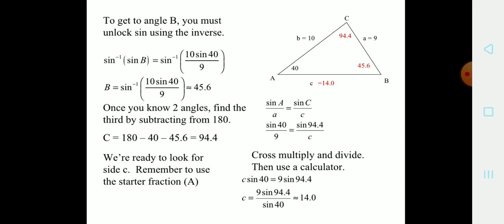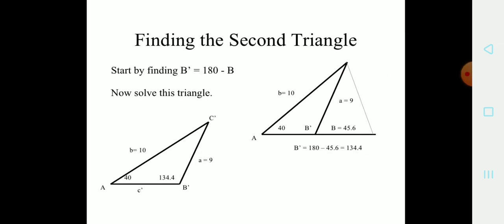Remember to use the starting fractions. Cross multiply and divide, then use the calculator. So c sin 40 equals 9 sin 94.4, so c equals 9 sin 94.4 over sin 40, and the answer is 14.0.